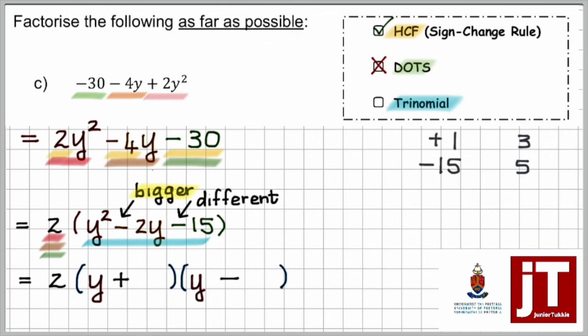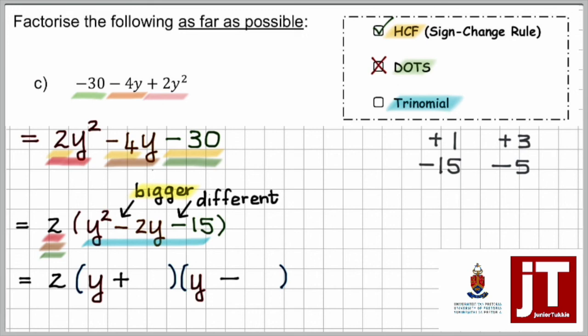So we put a positive on the 1 and a negative on the 15, because 15 is a bigger number than 1. We put a positive on the 3 and a negative on the 5, because 5 is a bigger number than 3. That's what it means when we say the bigger factor gets the negative.